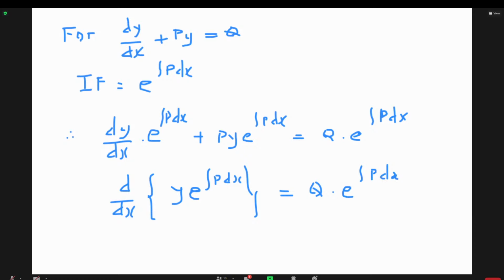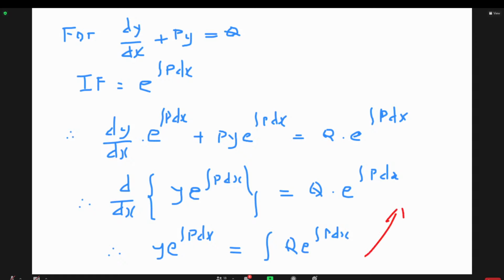And when we integrate both sides, I'm just going to go to the top.